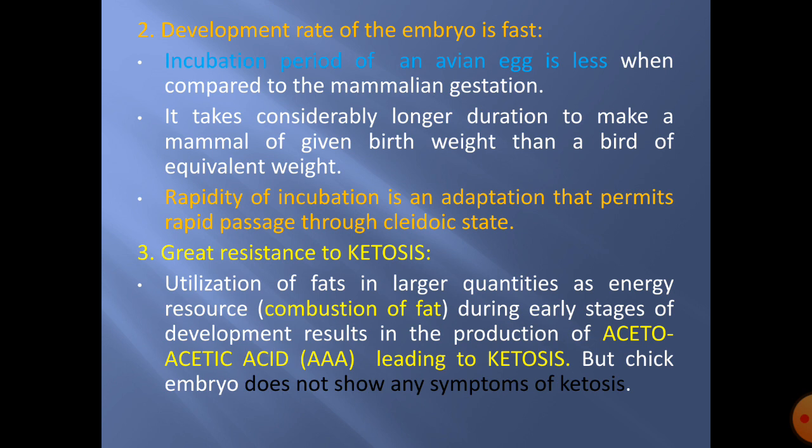And it is toxic. But to our surprise, the chick embryo never shows any symptoms of ketosis. That means they have a great resistance to ketosis. This is another adaptation to meet the cleidoic conditions.